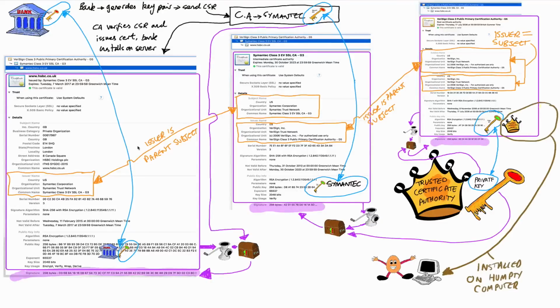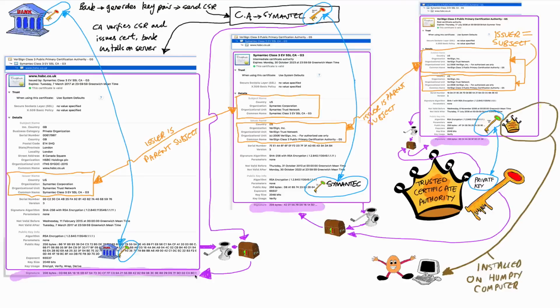Well, it's all down to the digital signatures again. So the first thing that Humpty's browser is going to do is say, right, I've got a signature here, as well as a document in plain text. Now, how do I ensure that this public key has not been altered en route from the server? If you remember, this is bread and butter signature stuff.